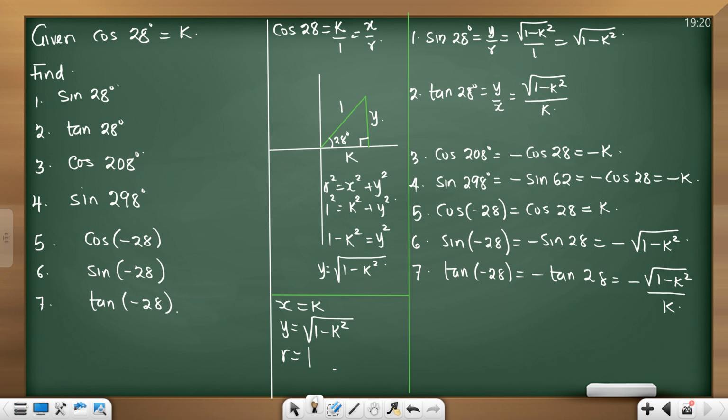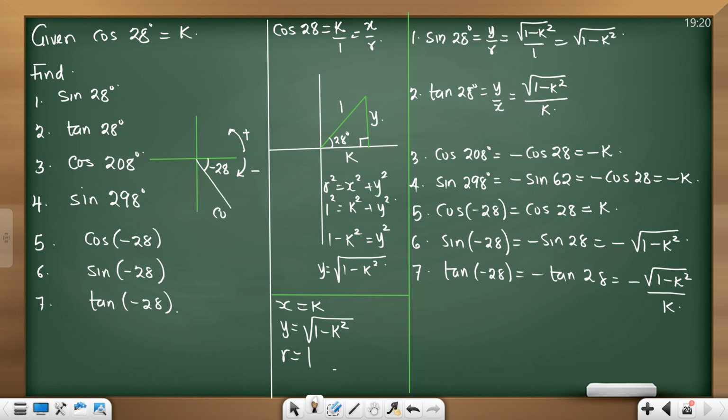Remember, I did explain that negative means I'm going in the other direction. Cos negative 28 means I'm in the 4th quadrant. Whenever I see a negative sign, it means I am coming this way. Normally, trig will go this way, and that's positive. When I come the other way, now it's negative. So negative 28 is right here.